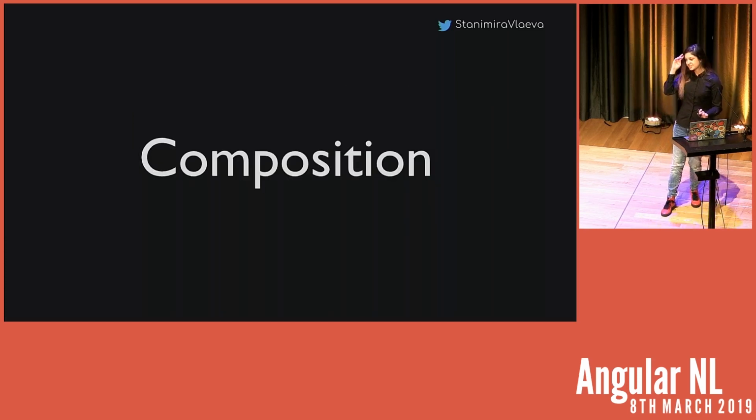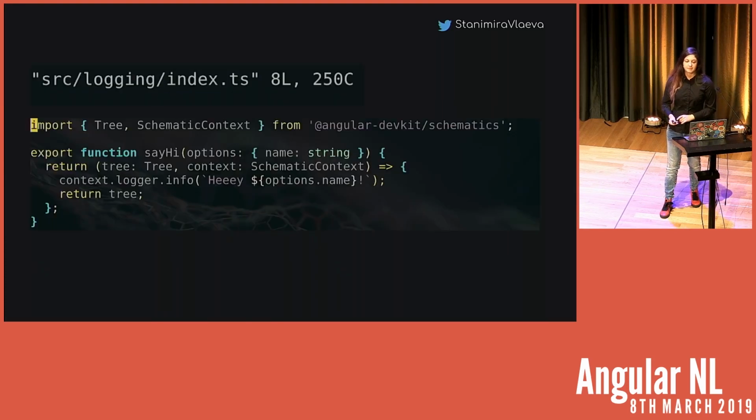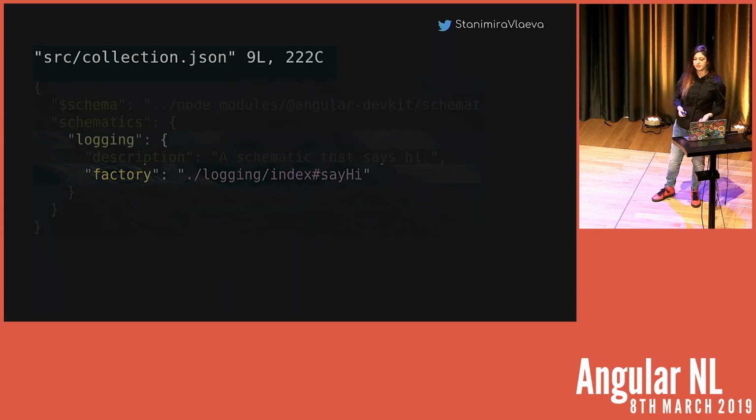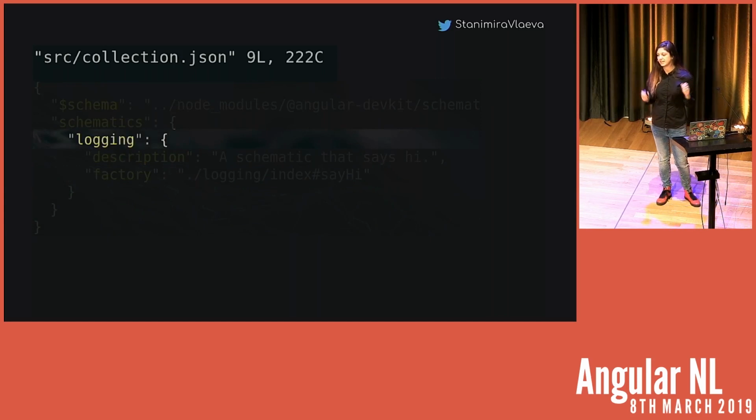All right, composition of schematics. You remember this logging script that we saw earlier? We registered that in the collection JSON. So again, we have the factory, and then basically the name of the script is logging.